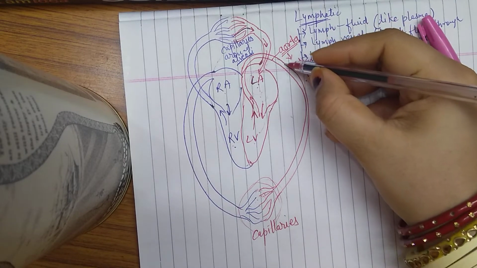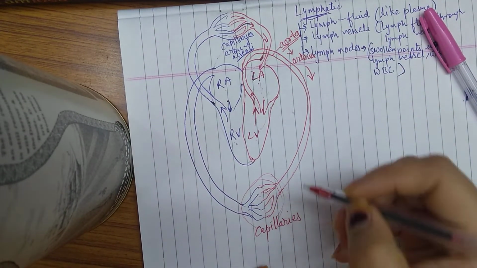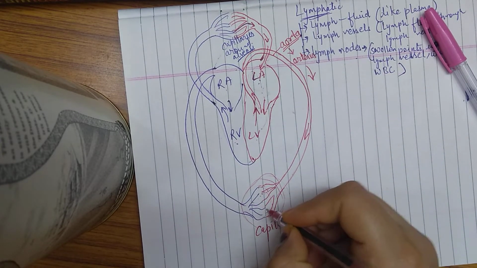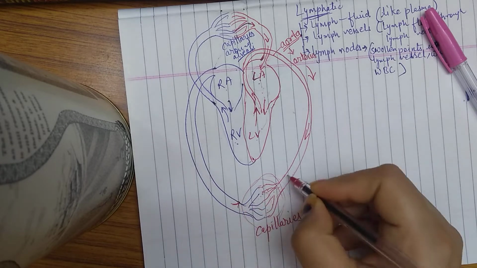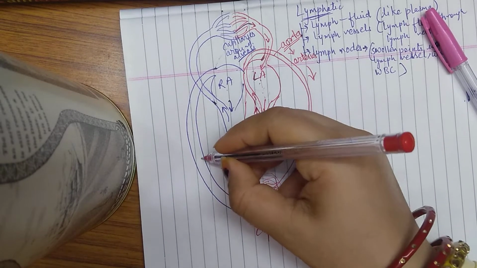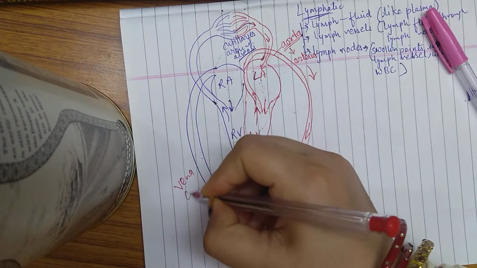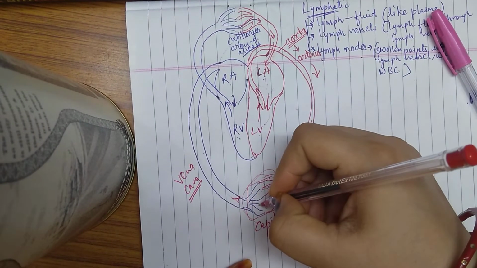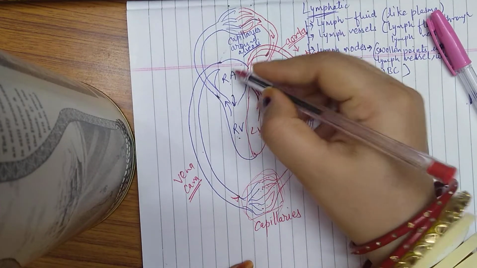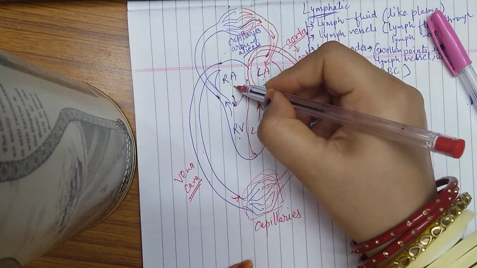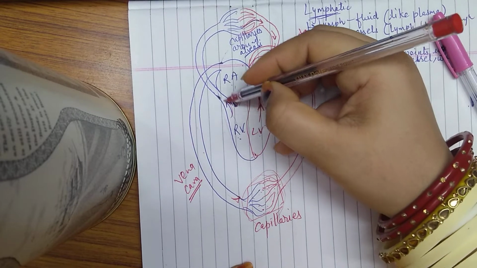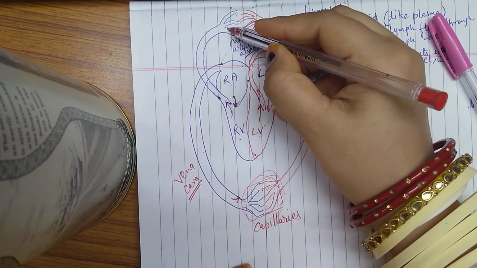So the oxygenated blood will go to the cell through the arteries, and at the junction around the cell, arteries and veins combine with the help of capillaries. This is a vein, that is vena cava, which takes the deoxygenated blood from the body cells to the right atrium of heart, from where it goes to the right ventricle, and from the right ventricle this blood goes to the lungs for purification.